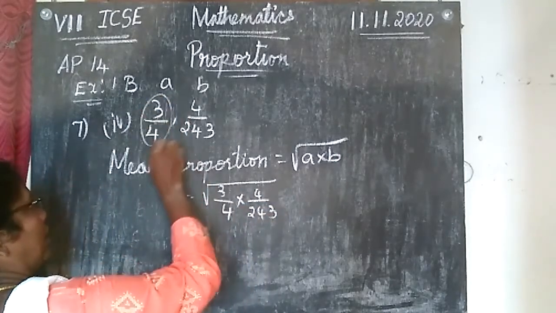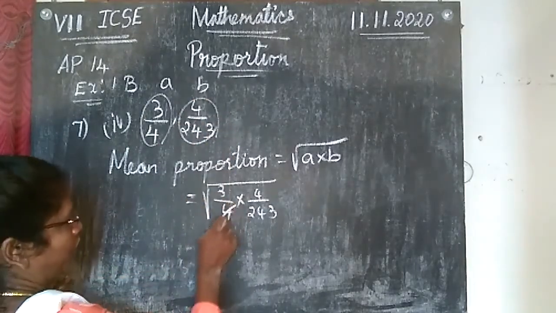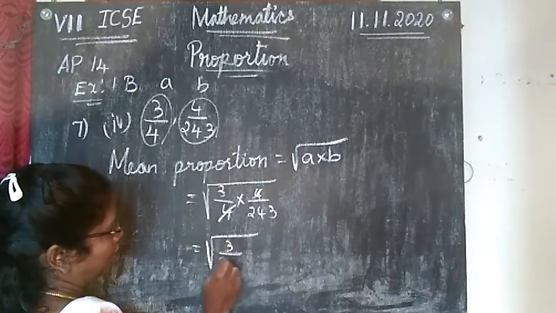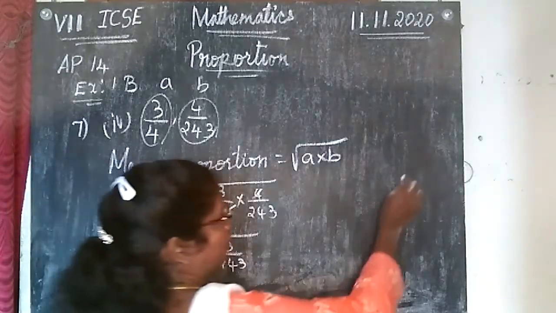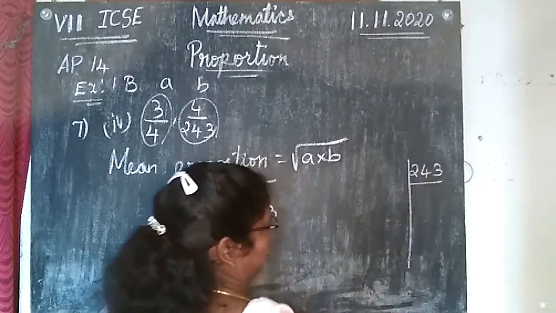This whole thing as A, this as B I am taking here. Square root, 4 and 4 cancel. Now what is left? 3 by 243.